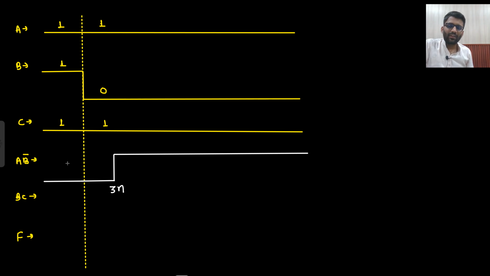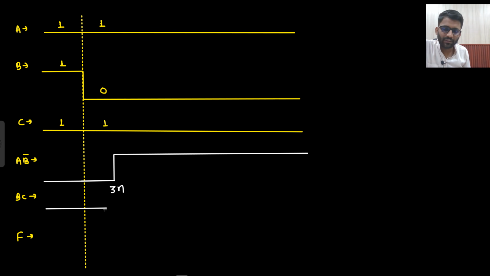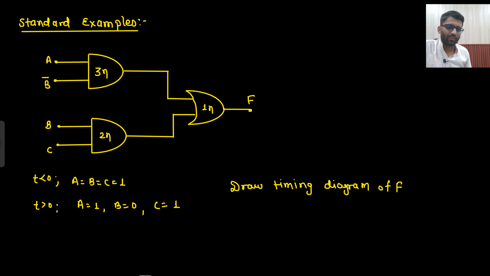Yeah. So now B into C. 1 into 1 is 1, and then 1 into 0 will be 0. Now it would be 0, but it will say that I need 2 nanosecond of time because the delay is 2 nanosecond. So it will be 0, but after 2 nanosecond of time. Okay, now what will F do?